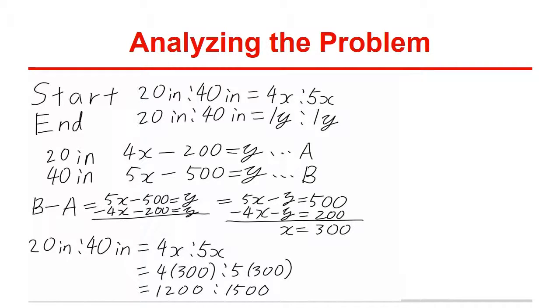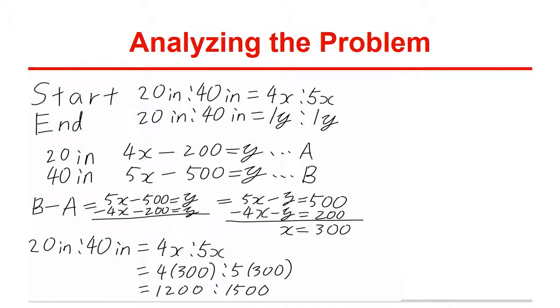You add 500 to both sides and subtract y, so that you get the variables together on one side.